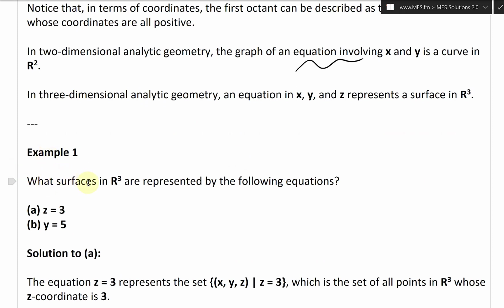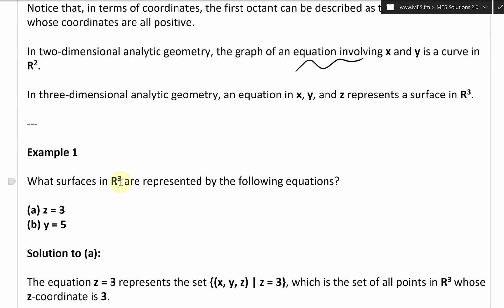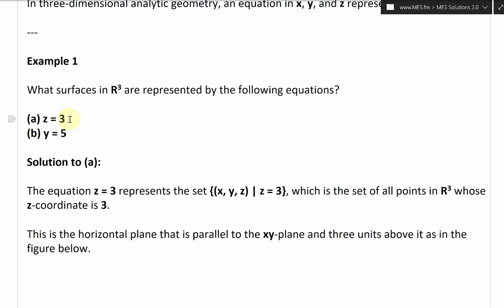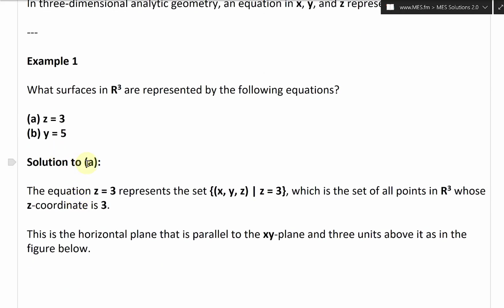Example 1: what surfaces in R3, or in this set of all real triples, are represented by the following equations: A, z equals 3, and B, y equals 5. Alright, so let's take a look at the solution to part A, z equals 3.